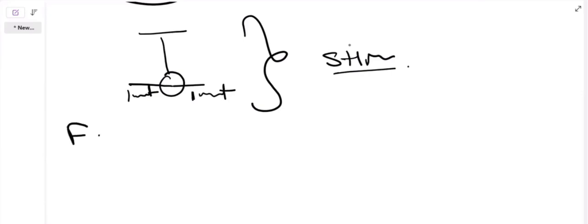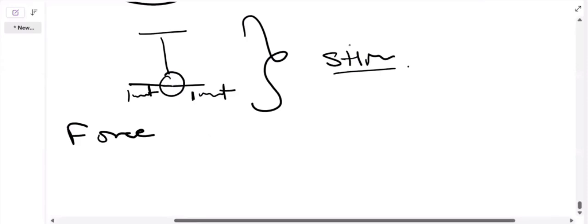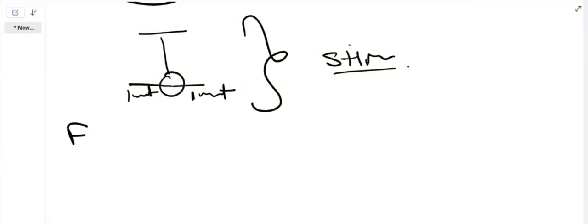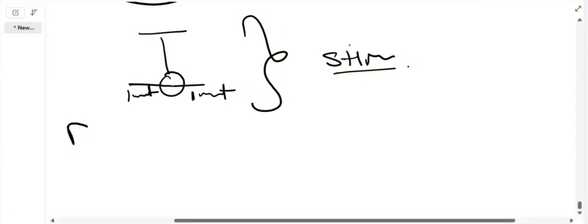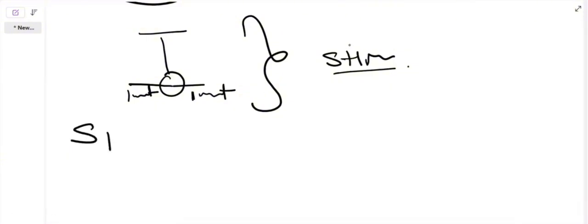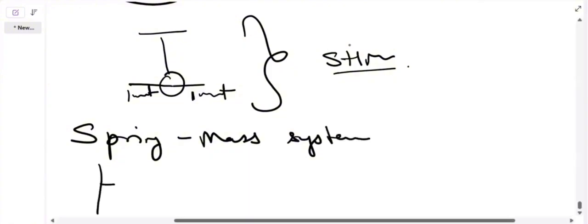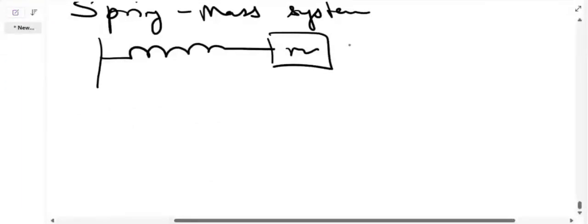You can perform this in a spring mass system. In a spring mass system also you can observe this particular thing happening. Suppose here it is fixed and here I have a spring, and here I attach a mass.